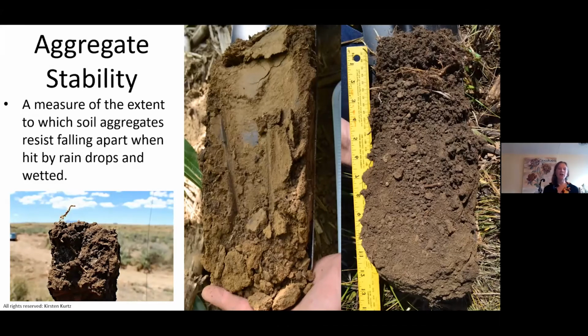You can see here, this middle sample has been heavily cultivated and has been in continuous corn for a very, very long time. And the one next to it is a remnant prairie. That's what that soil aggregate potential can really look like. And we're interested in how stable those actual aggregates are, because, as you can see from this screen, management can really destroy those aggregates. It's very sensitive to management, especially tillage.